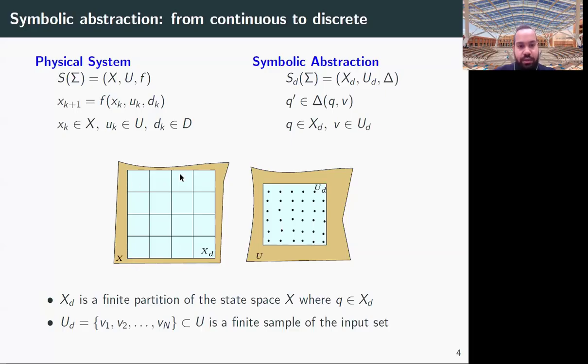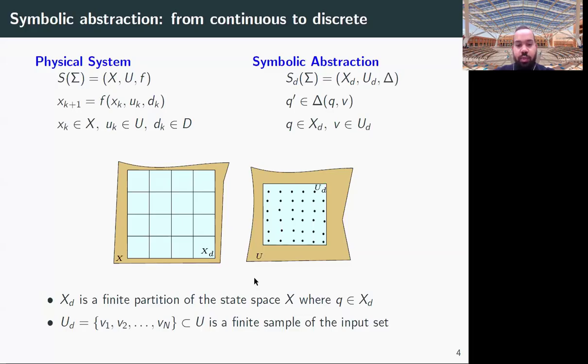So we discretize this region to this blue space that we see. Here we have used square discretization, but we can use any other type of discretization. So this is the first step. So we got this XD, which is the discrete state space.